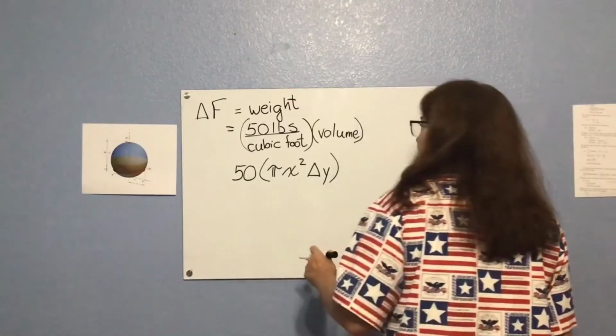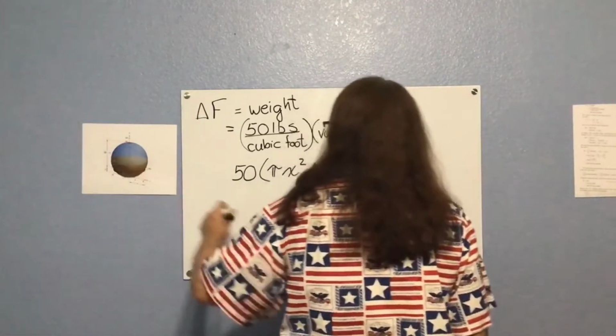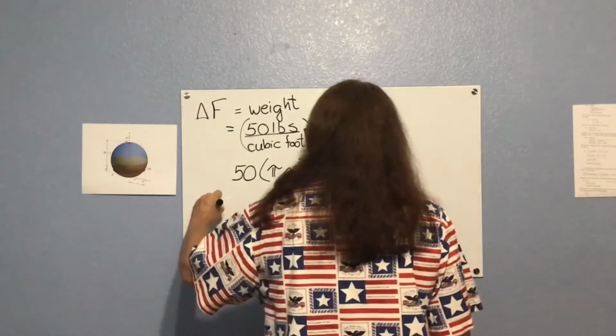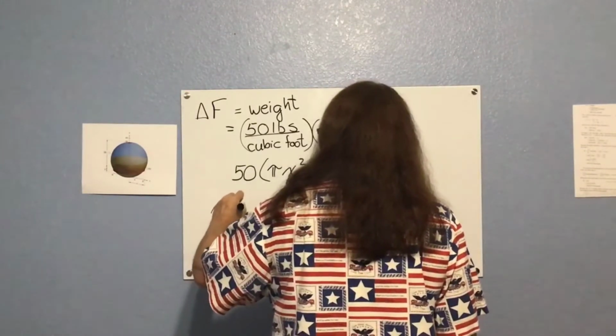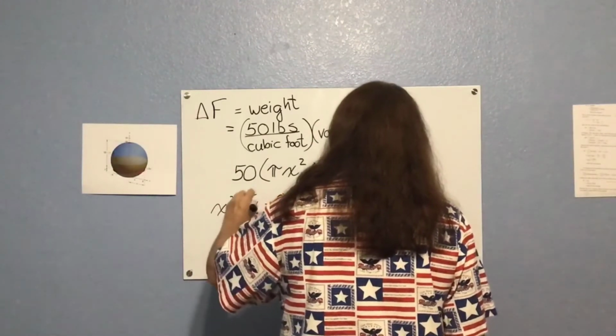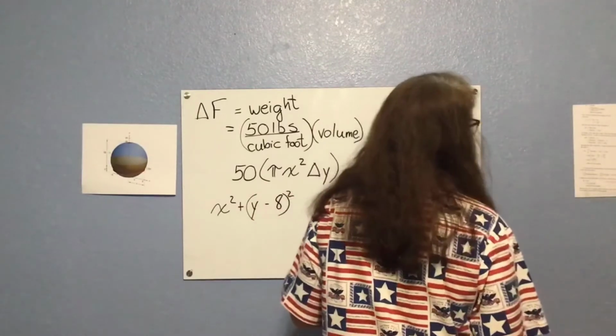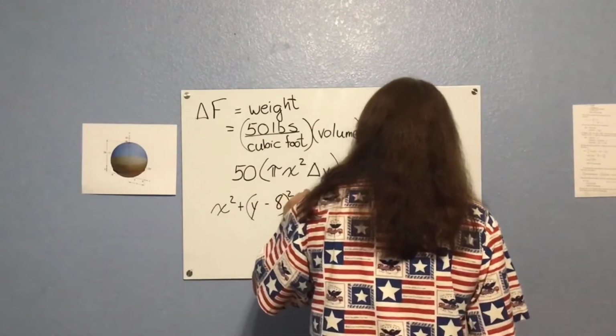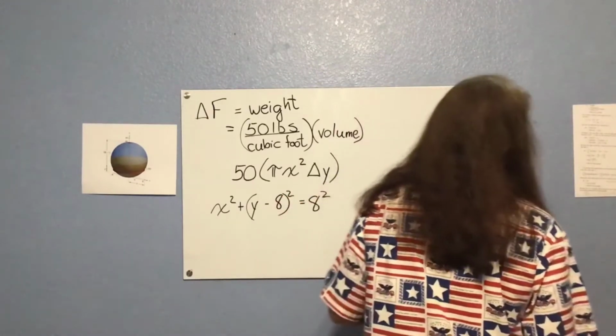Okay, for the equation of the circle there, we're going to have x squared plus y minus 8 squared equals 8 squared.